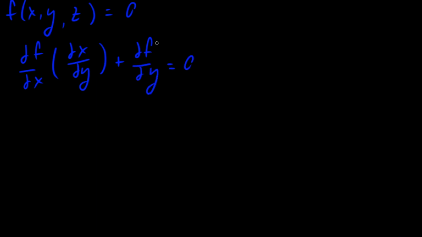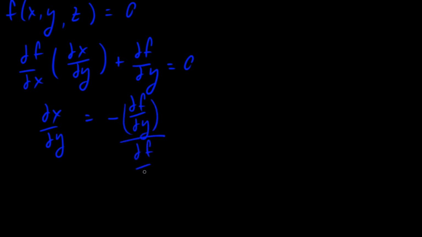If we subtract this part over and divide by this, we end up with partial x over partial y equals negative partial f over partial y over partial f over partial x.